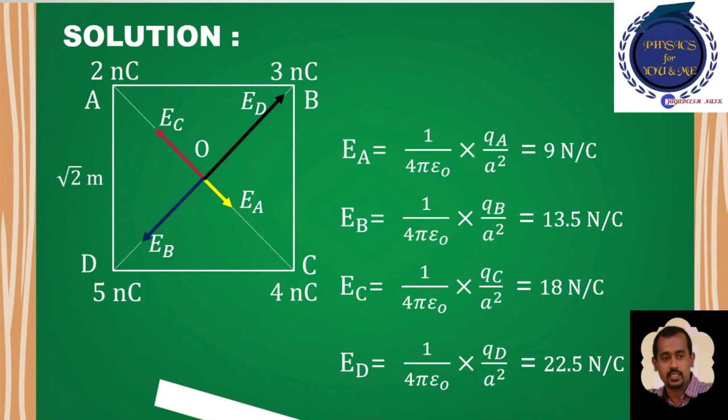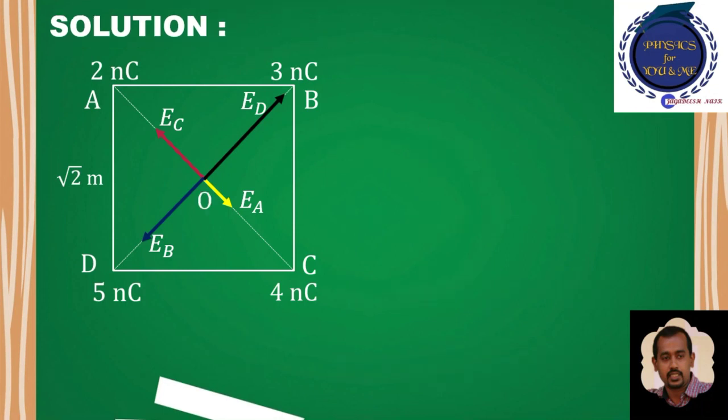Now we need to find out the resultant of all these four electric fields acting at point O. Now look at the diagram. EC and EA are oppositely directed. So therefore, the resultant will be EC minus EA, and it will be along the direction of EC.